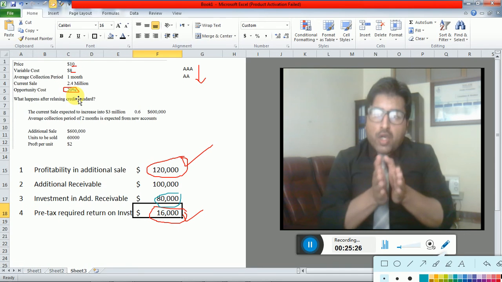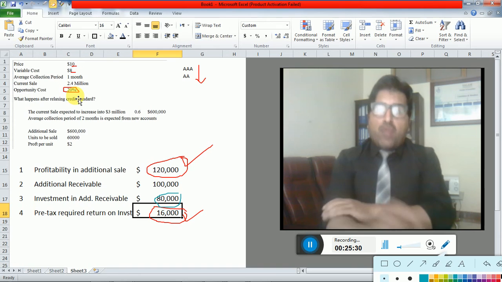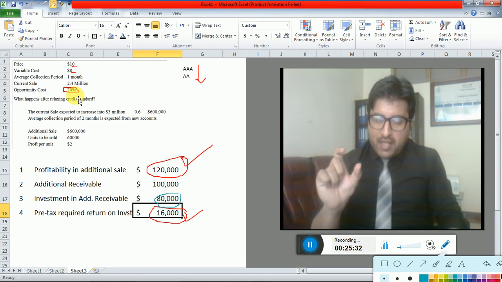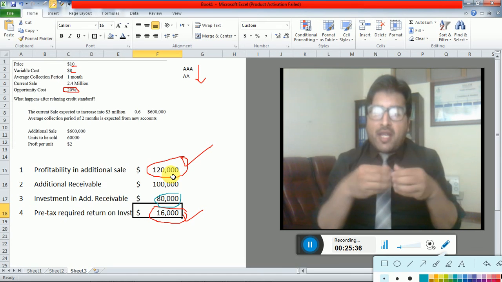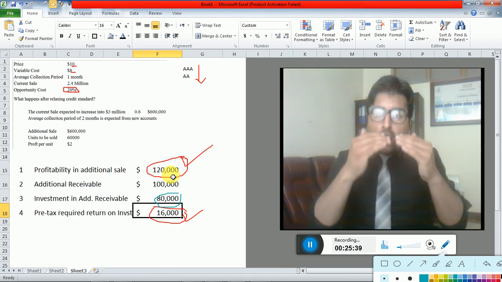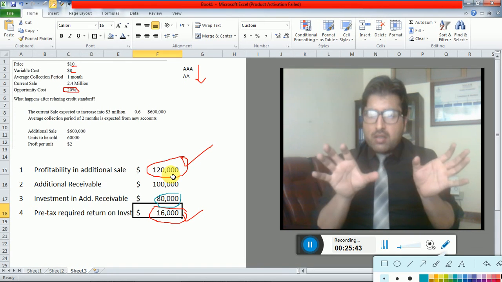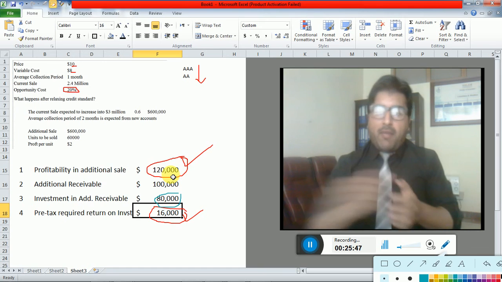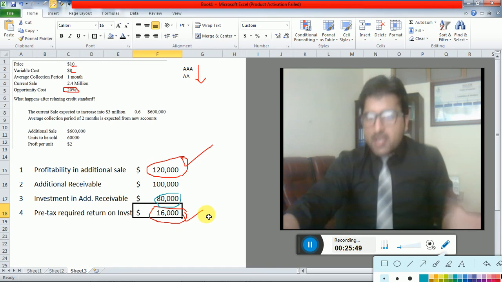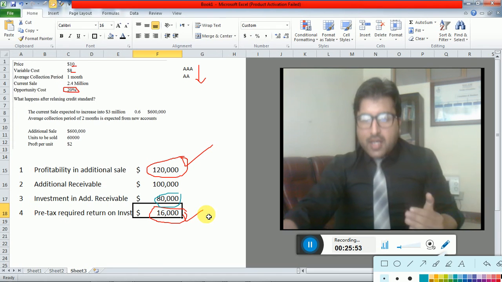So what you are doing right now, you are sacrificing 20% for how much? For $80,000. And that is possible whenever you lower the credit standard. So is it not good? Yes, it is good. So don't invest in a bank. The bank is giving you $16,000. So just change your policy, lower the credit standard.